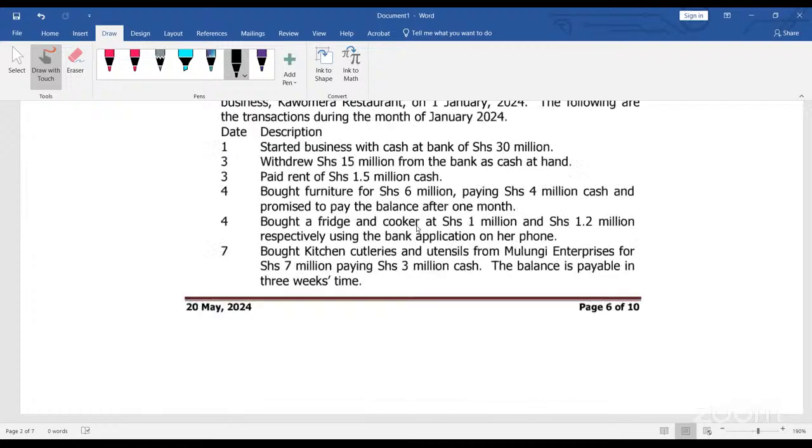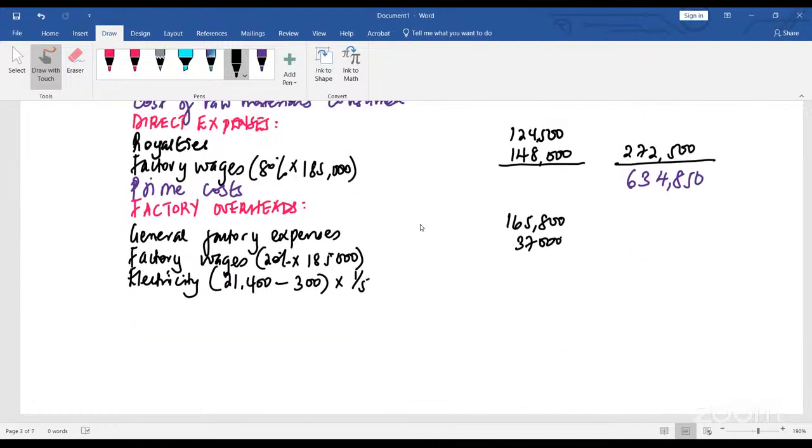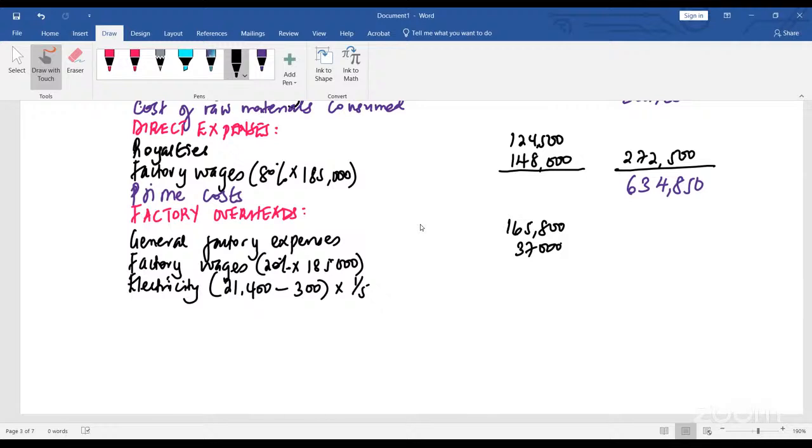Okay. So how much is now our electricity expense after that adjustment? How much do you get?